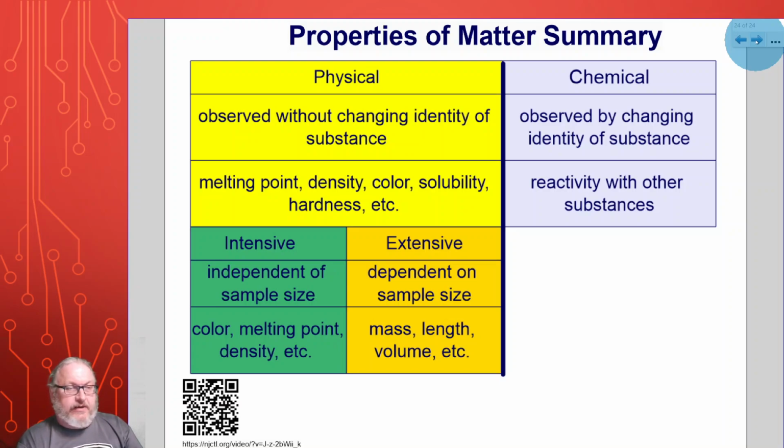These are things like color, melting point, density. All right. Doesn't matter how much stuff is there. Extensive depends on how much is there. This is stuff like mass, length, volume, so on and so forth. Now, a chemical property can be observed by changing the identity of the substance. And one of these would be like reactivity with other substances.